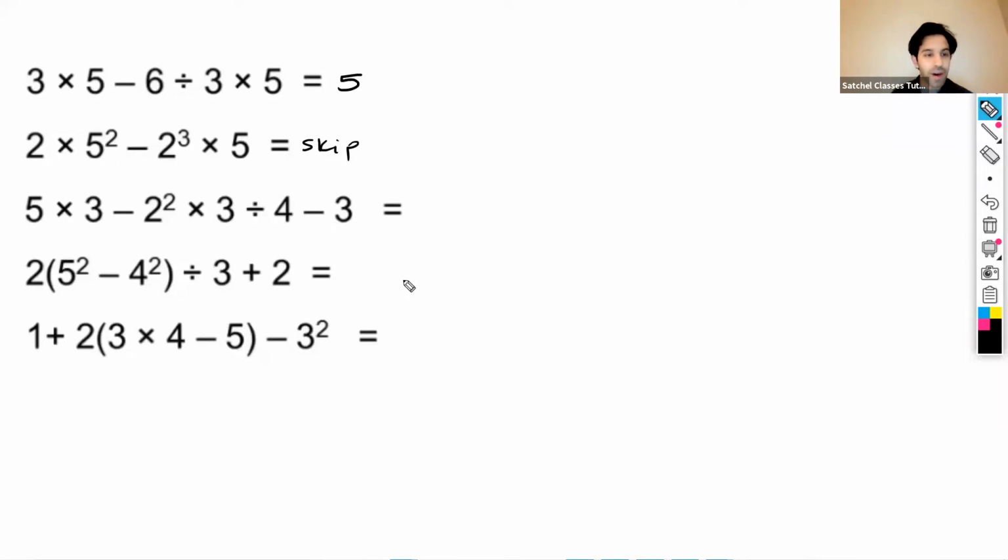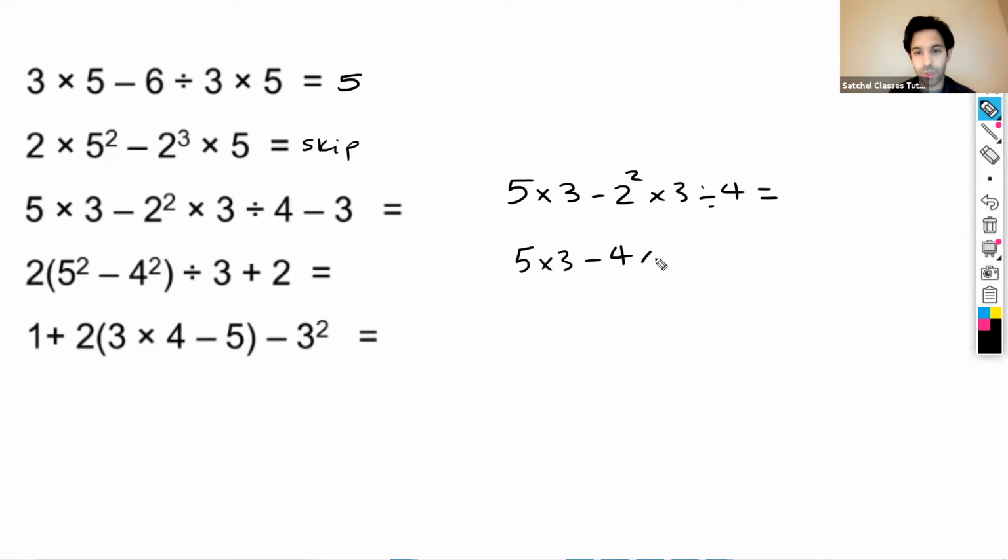So we've got 5 times 3 minus 2 squared times 3 divided by 4. So let's deal with the index first. So what we'll have is 5 times 3 minus 4 times 3 divided by 4. So we can do the multiplication first.